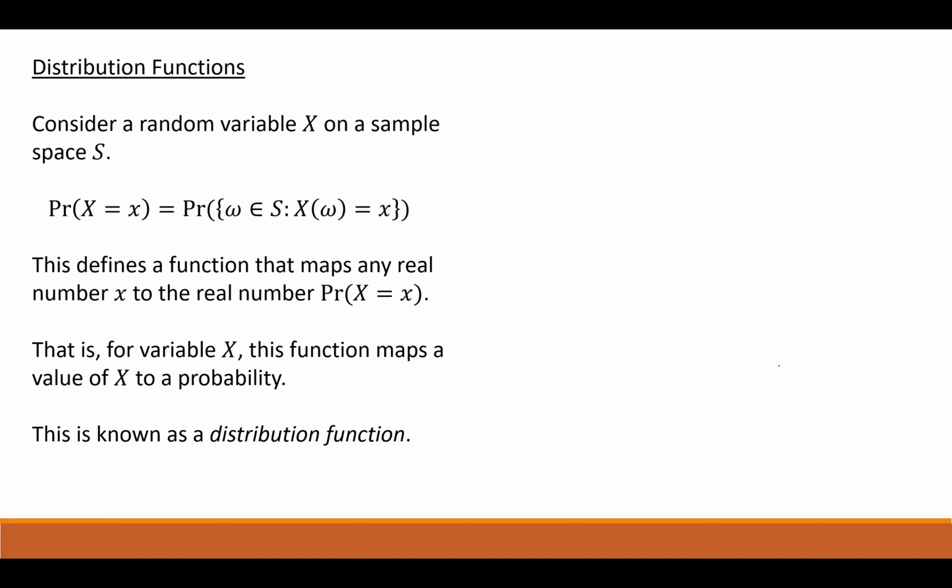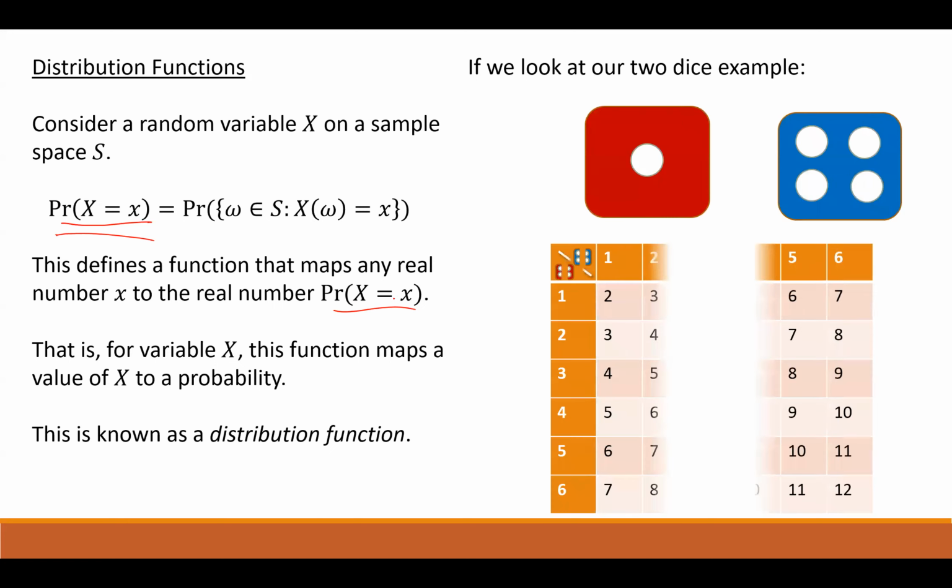So distribution functions, how are we doing? These don't come up a lot, but when they do, I just want you to have a definition. All it is, if I have a random variable and a probability associated with the event that this random variable is equal to a value, then I map all of these events to probabilities.